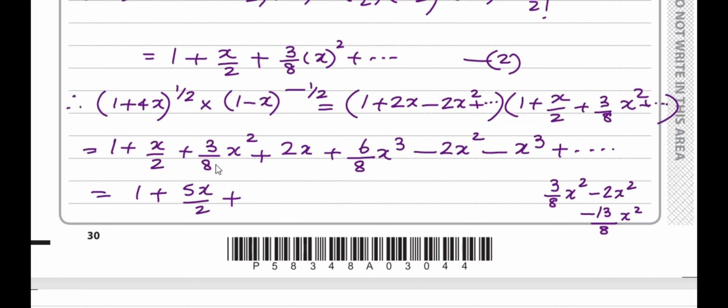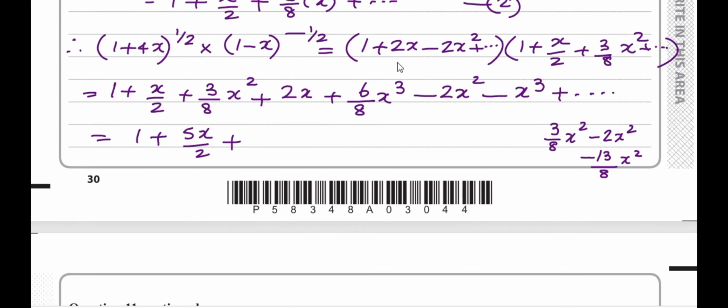Is there any other x square term here? There is one more term in the multiplication, 2x times x over 2. That is 2x times x over 2 is x square. So we need to plug in that x square here. Then 2x times 3 over 8 is 6 over 8 x cubed and so on. So we need to add all these x square terms.